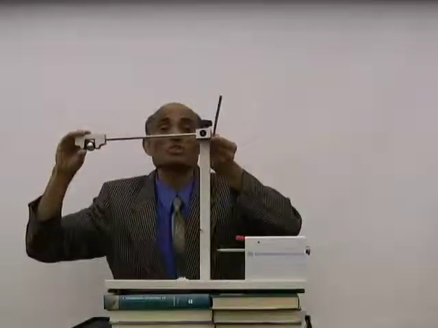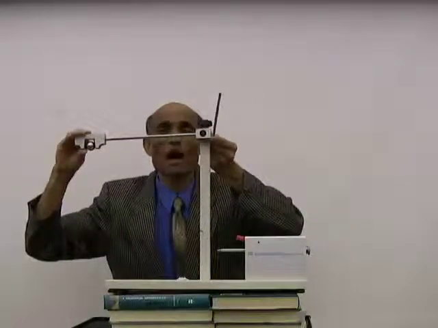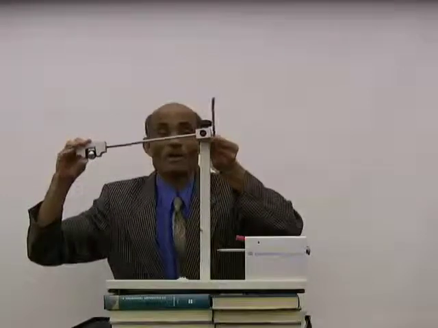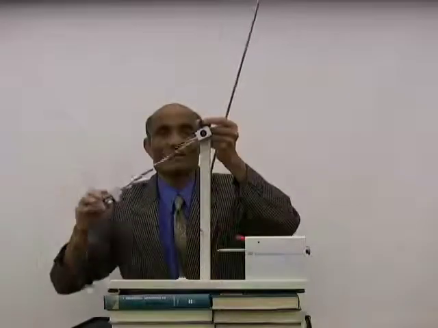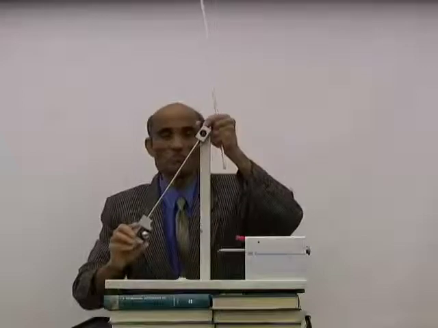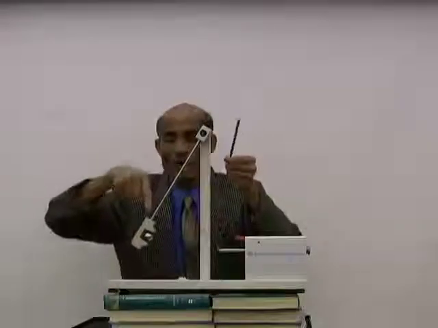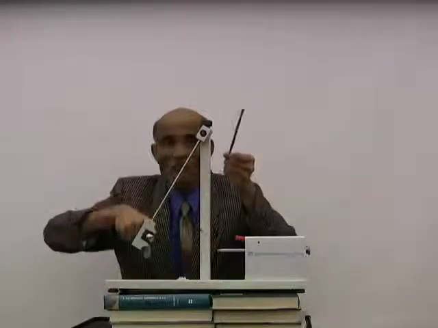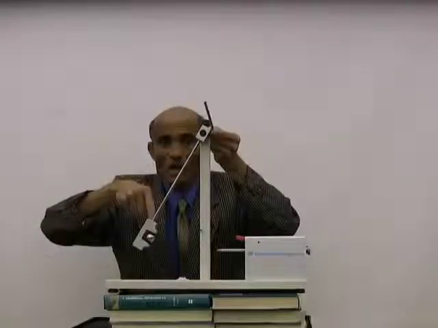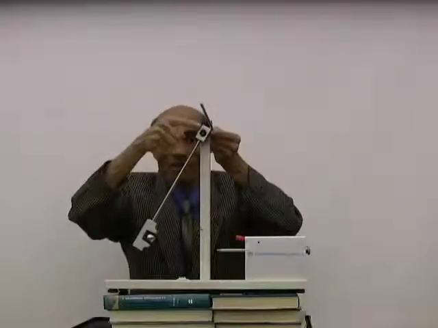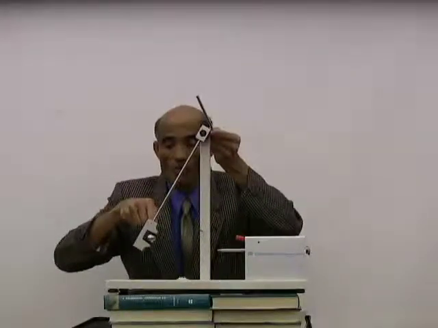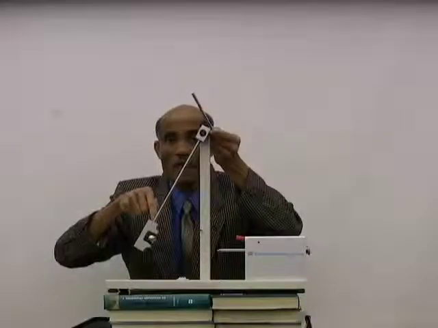And this distance is called the torque arm. Now tell me, if I have the object in this position and I'm applying a force downward and rotating the object about this axis, what is my torque arm now?